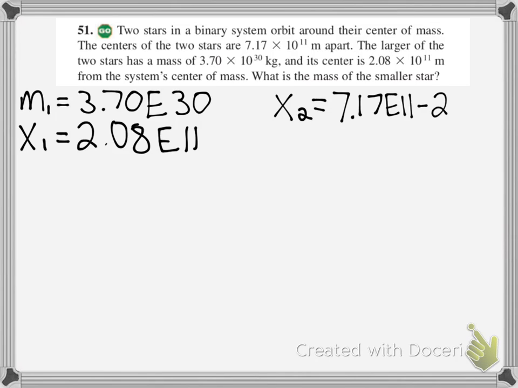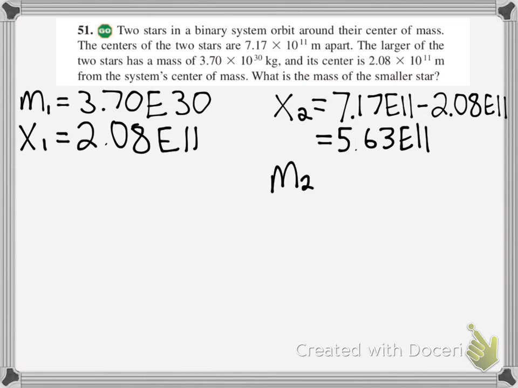So we just subtract that from 7.17 times 10 to the 11th, and that'll give us the center of mass of the second star, which is 5.63 times 10 to the 11th, okay? And they do not give us the mass of the second.